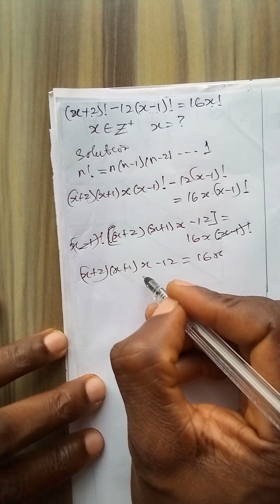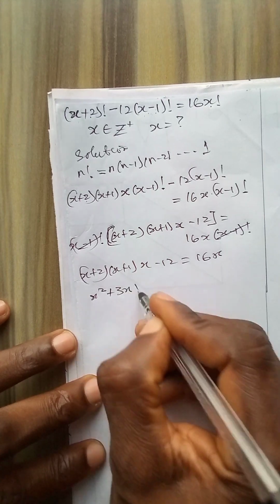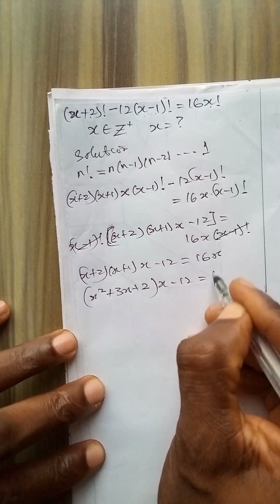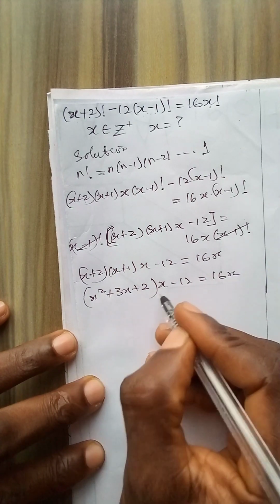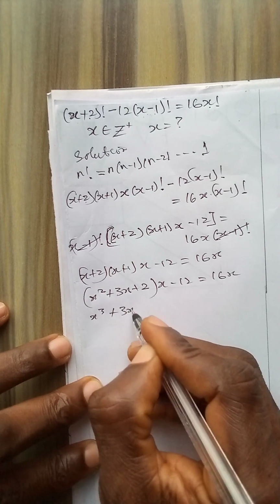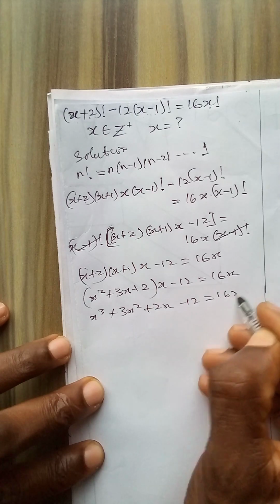If we open these brackets, we have (x squared plus 3x plus 2) times x minus 12 is equal to 16x. Still opening, x cubed plus 3x squared plus 2x minus 12 is equal to 16x.